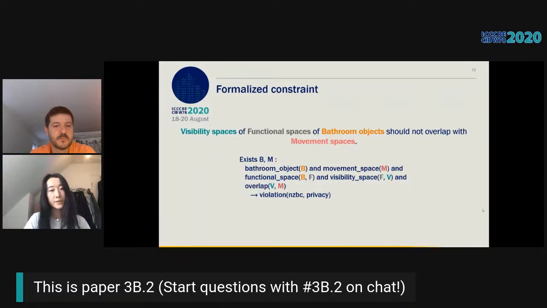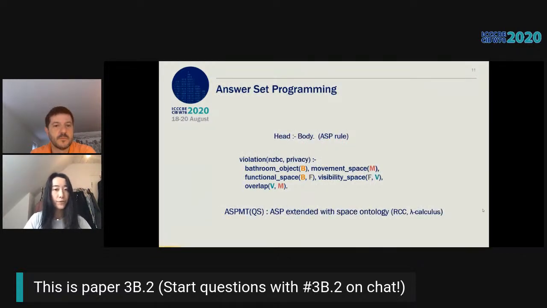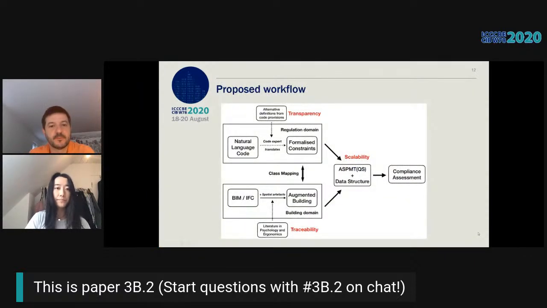So we want to encode this in a logic programming language called answer set programming, ASP. A rule in ASP is read as an implication that says if the body of the rule is true, the head of the rule must be true too. So in a purely declarative and transparent way, we can encode this as an ASP rule that can be executed in our extended version of ASP that understands space.